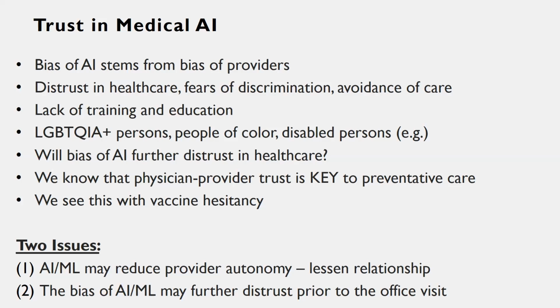And so two issues that really come up is AI may reduce provider autonomy, so it might lessen that relationship, right? As AI takes over, the physician steps back more, even though we want the physician to have more time, oftentimes they just let the AI do everything. And the bias of AI may alter distrust prior to the office visit. So like I said before, you get your smartphone and they're like, oh, you're ready to check in?